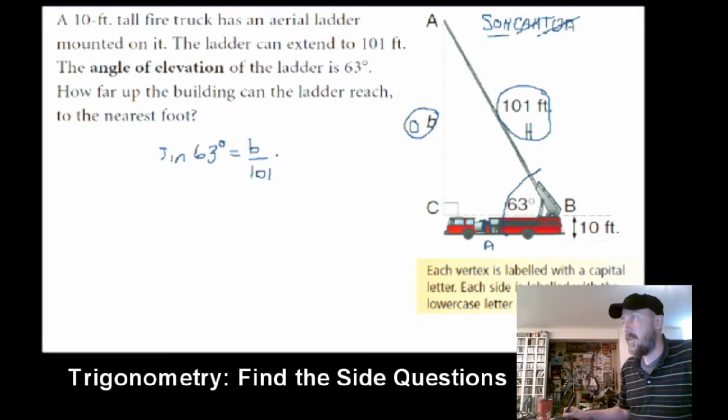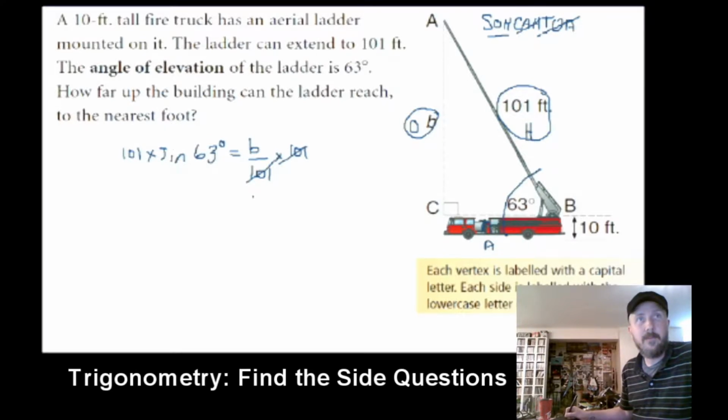Some math teachers say to get rid of it, we got to times both sides by 101. I like this. They both do the same thing, but this is actually what's happening. Both of those cancel out because we're doing the opposite.